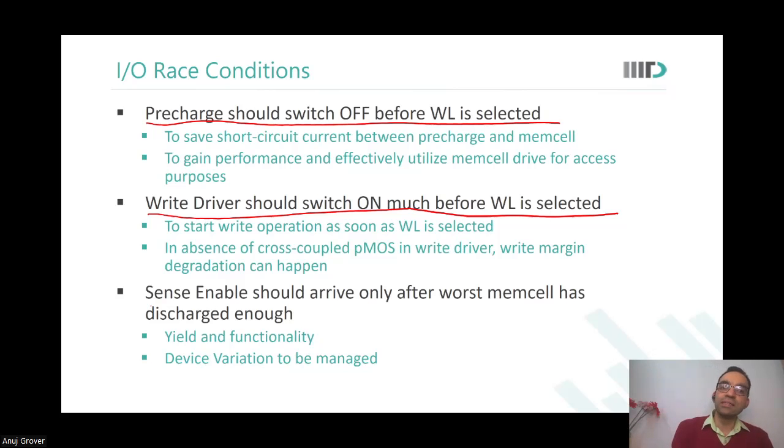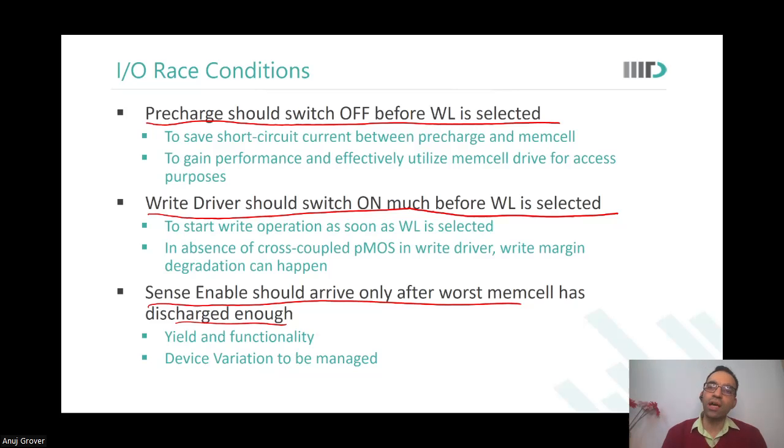Or that the sense amplifier should be enabled only after the worst bit cell has also discharged sufficiently well. So there are these race conditions that exist inside the memory. If they are violated, there could be loss of yield, loss of power, loss of performance. All three things.